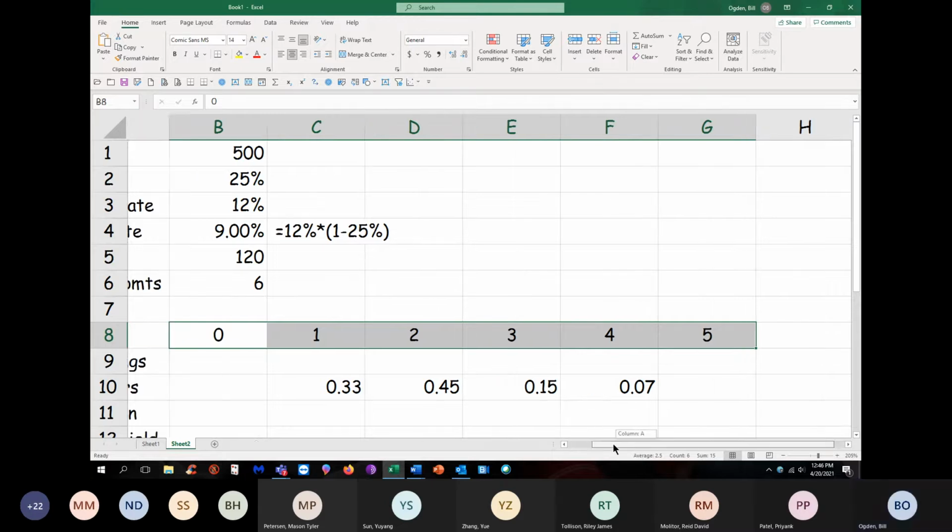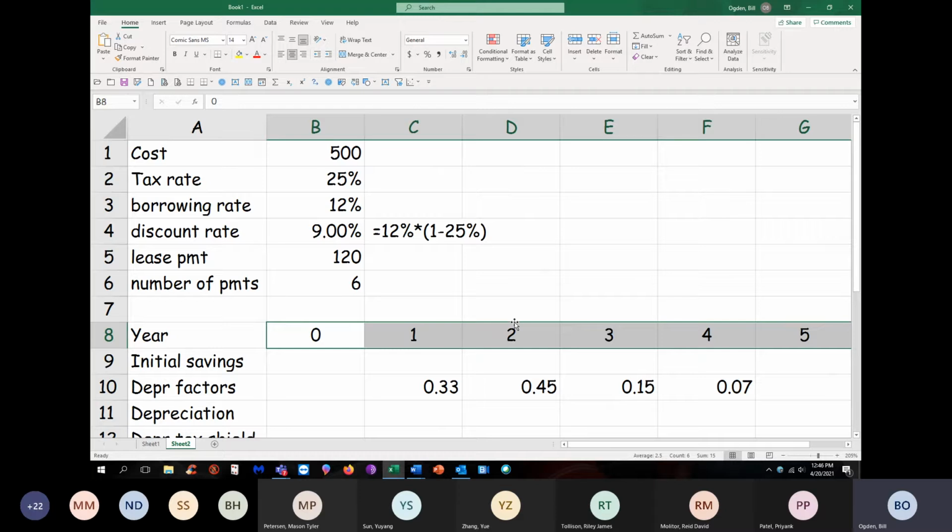So the first payment is immediate. The sixth payment is at the beginning of year 6, which is the end of year 5. So that's why in here we will show 1 less year than you have payments.